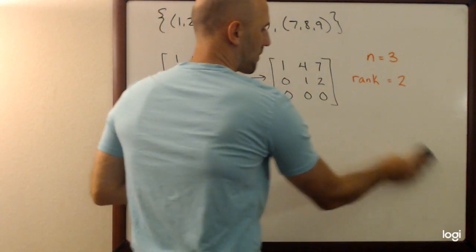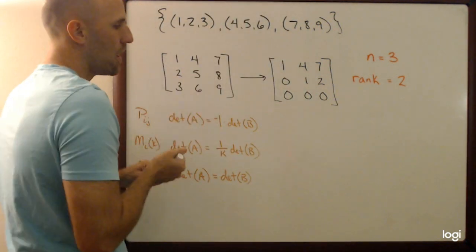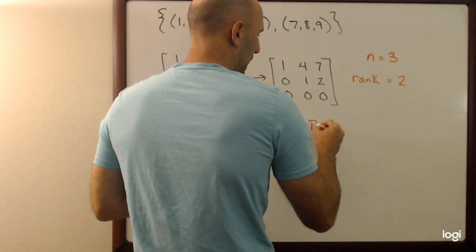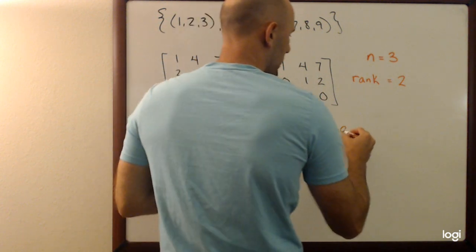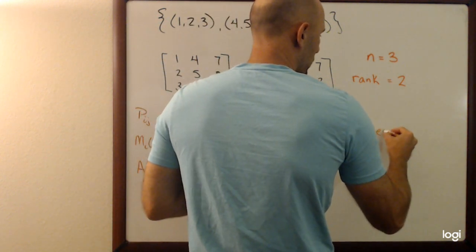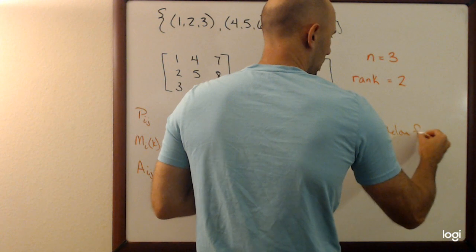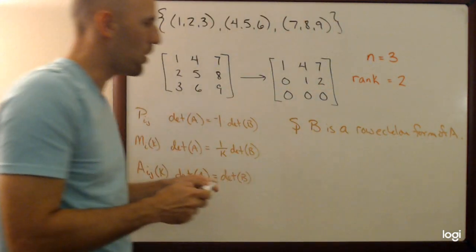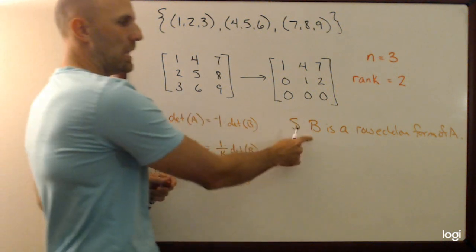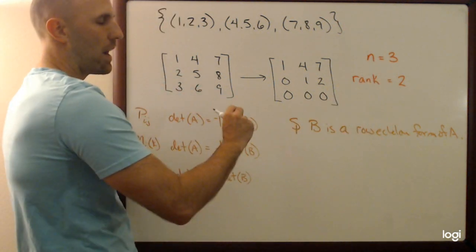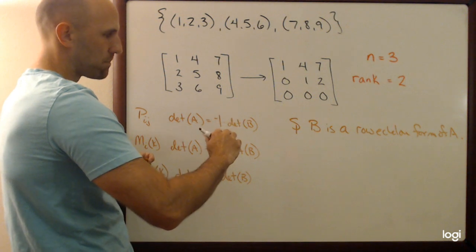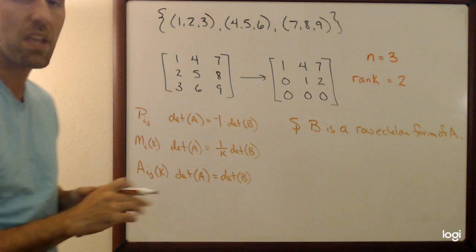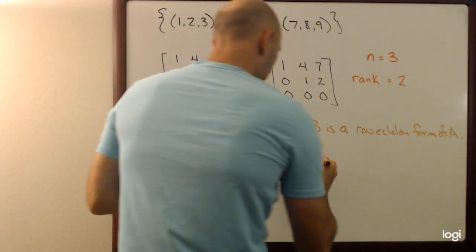Suppose B is a row echelon form of A. So I know that I can get to B from A via a series of elementary row operations. Then here's what I know.